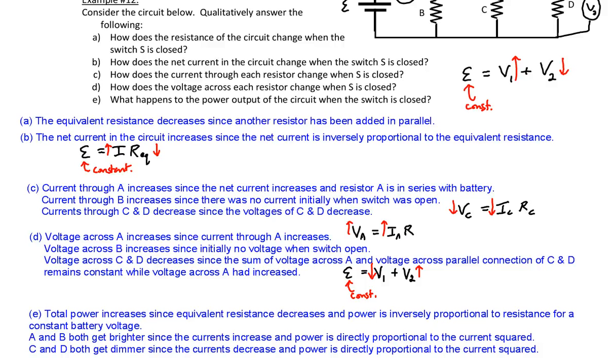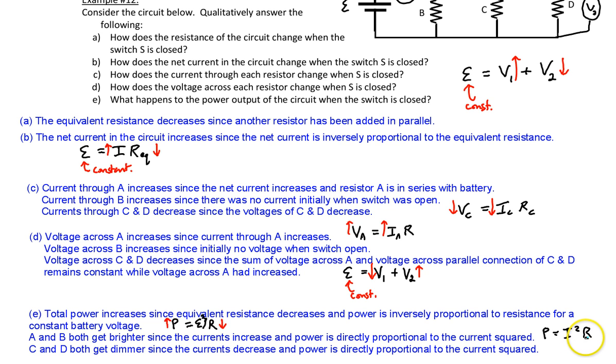To summarize, the power increases for the whole circuit because power equals the EMF squared divided by the resistance, and the total resistance has decreased, causing an increase in the total power. And for A and B, power equals I squared times R. We can use that formula.